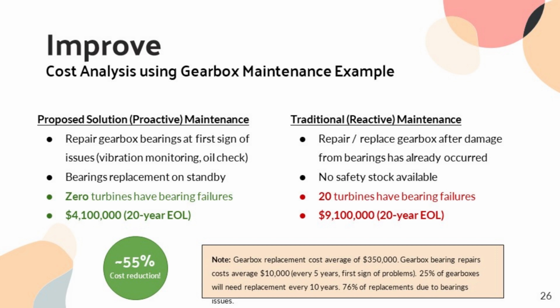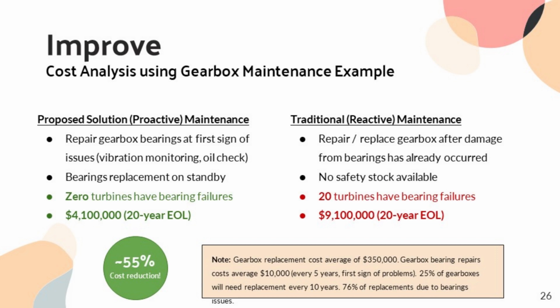Our solution, on the other hand, aims to investigate problems ahead of time by closely monitoring the drivetrain vibration through control analysis and doing routine oil testing for the gearbox, and those costs are significantly lower than just outright replacing the entire gearbox.